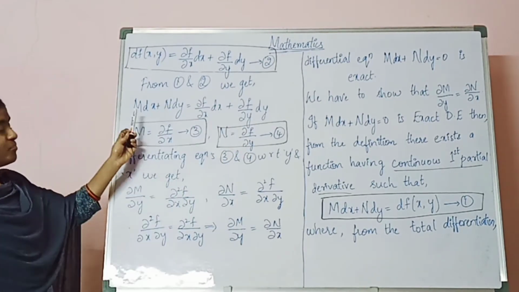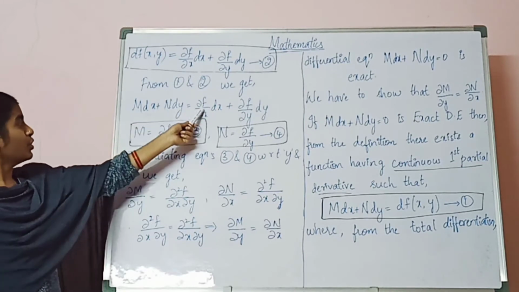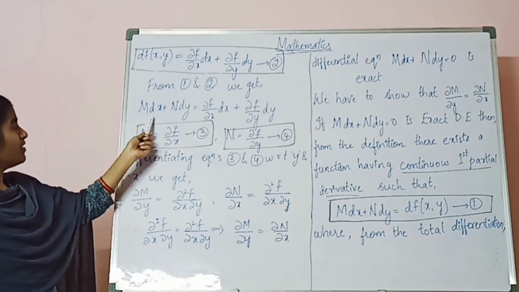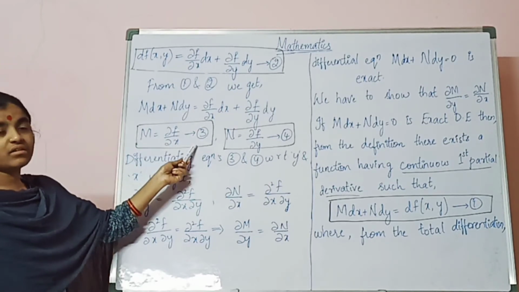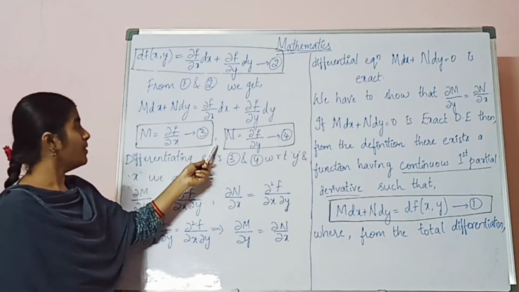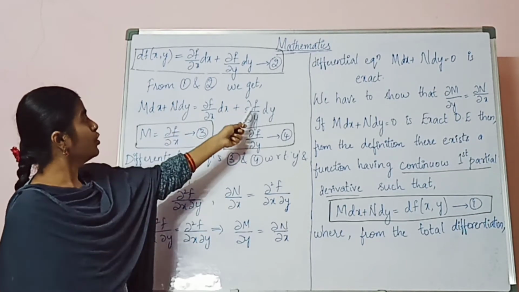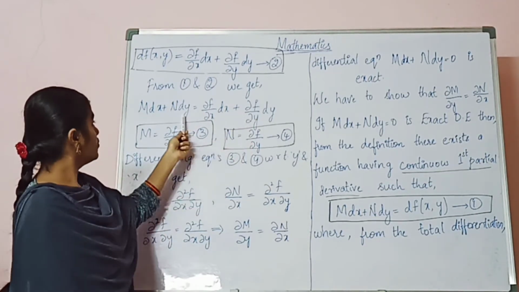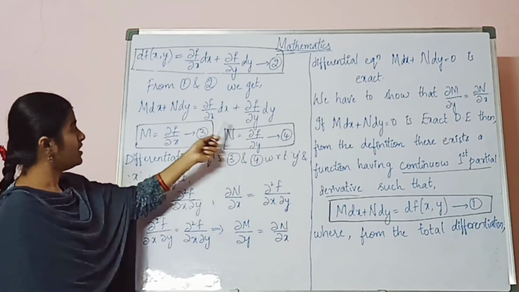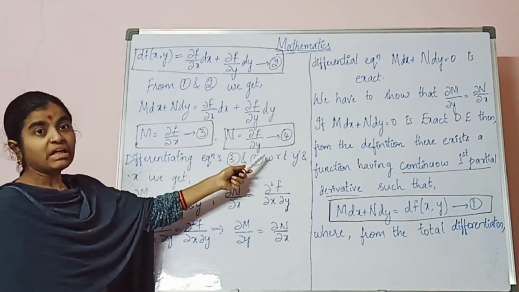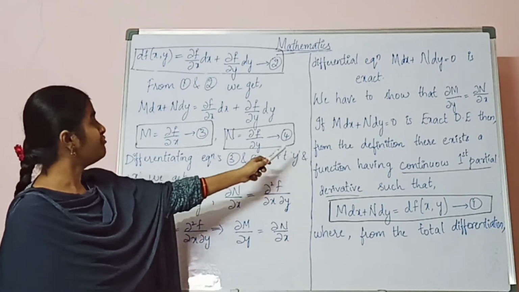Now see here, M equals ∂f/∂x. This we are considering as equation 3. Comma, N equals ∂f/∂y. This we are taking as equation 4.